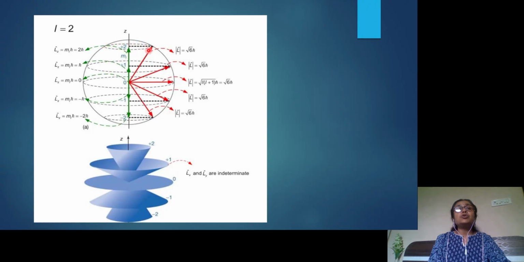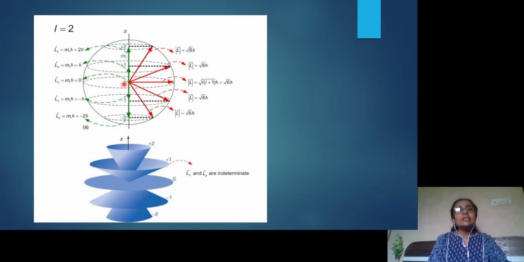Because of the precessional motion, the tip of the L bar vector traces out a circle around the direction of B bar vector. If we draw a projection on z axis, this will give us the Lz component.